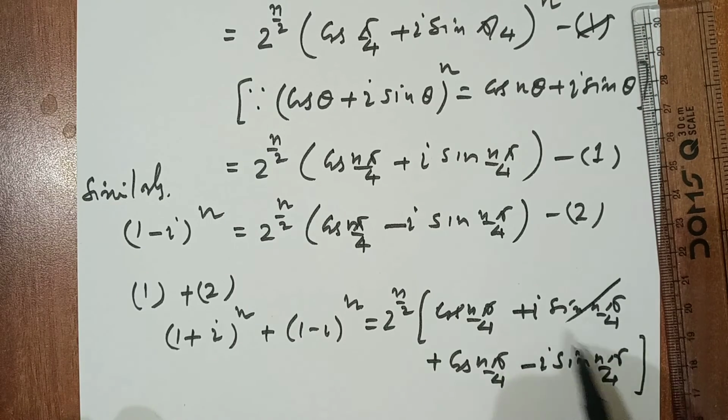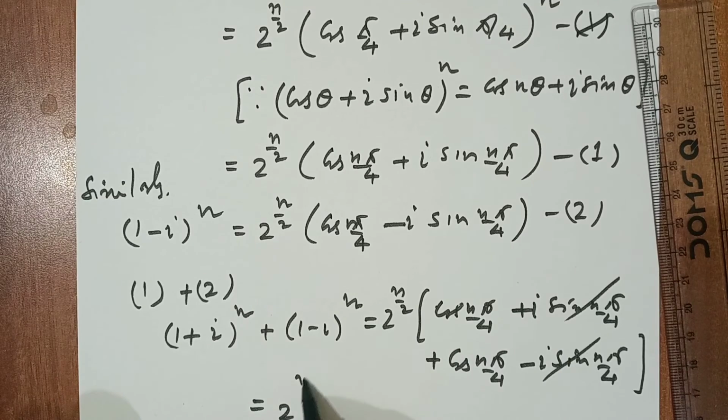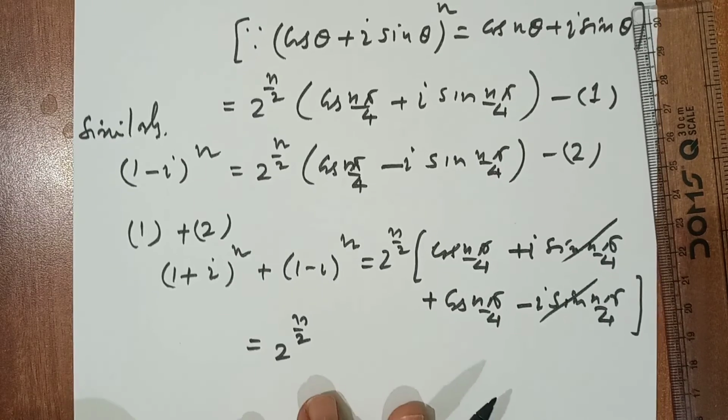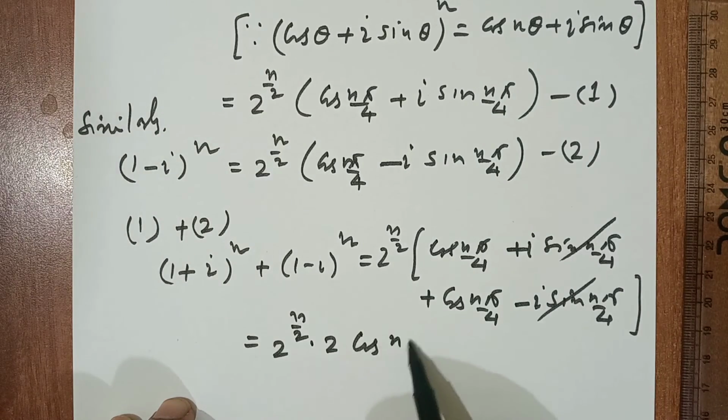So this will cancel. This is 2 times, meaning 2^(n/2) into 2 cos nπ/4.